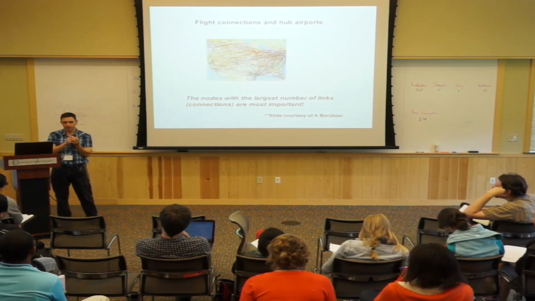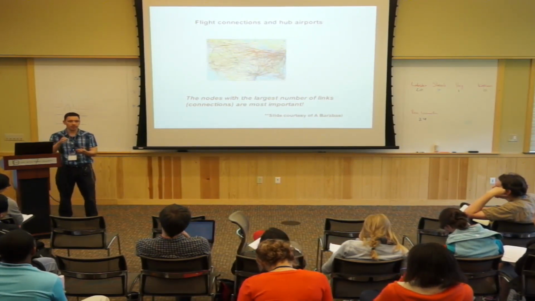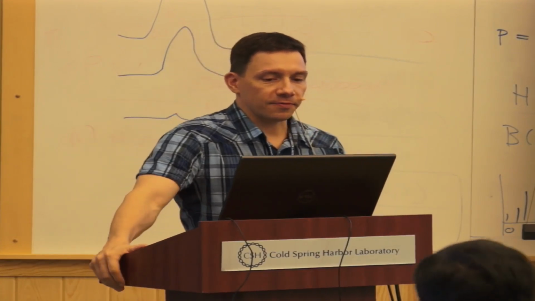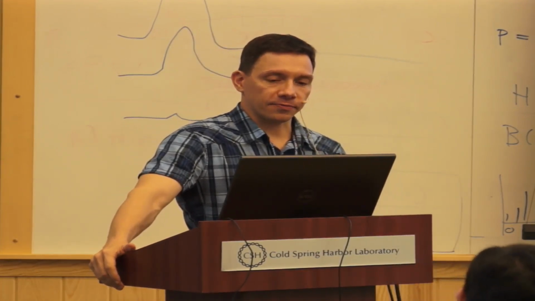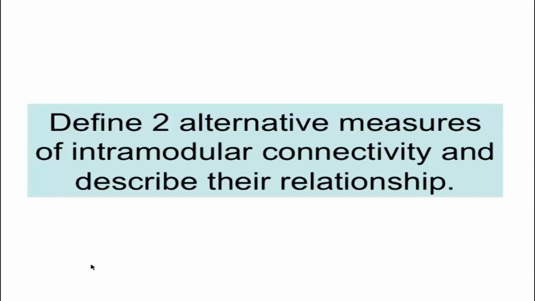So intramodular hubs can be hugely important. It's just that whole network hubs are not important as a rule. And so therefore, let's come to the definition of measures of intramodular connectivity, because they are meant to find these intramodular hubs.